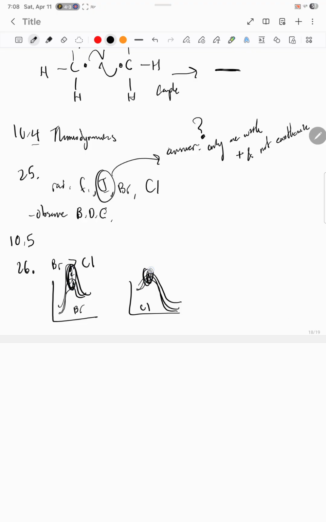That's why bromine is more selective, because it's endothermic, but also it retains more radical character, because it's closer to the products, I think.